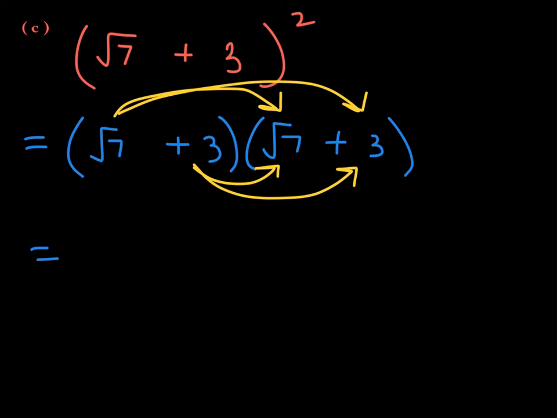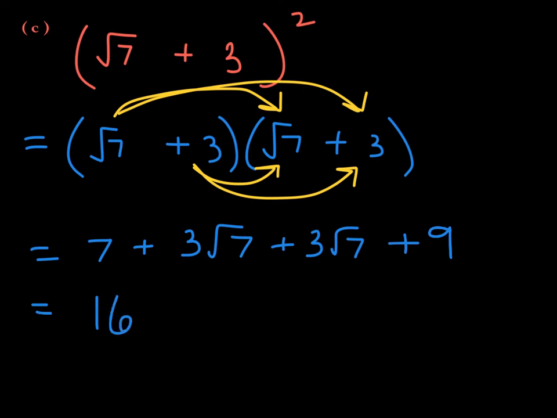Let's see, the square root of 7 times the square root of 7 is just 7, and then the square root of 7 times 3 is 3 root 7, and then here 3 times root 7 is another 3 root 7, and then finally 3 times 3 is 9. We can add the 7 and the 9, the 7 in the front and the 9 on the back end, to get, watch this, 16. But that's not all we get.